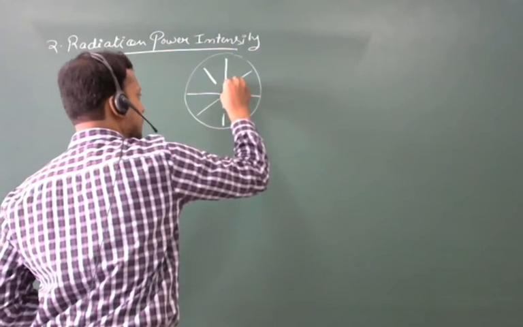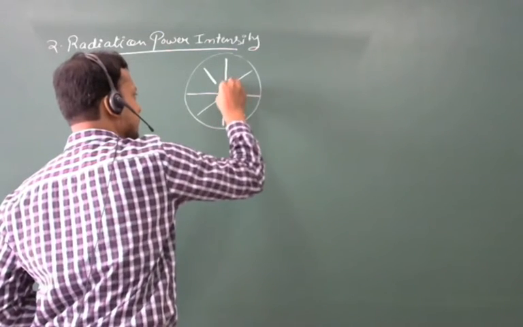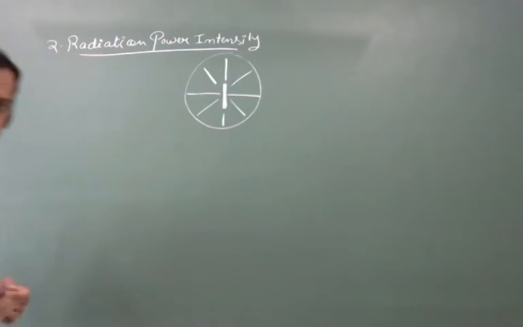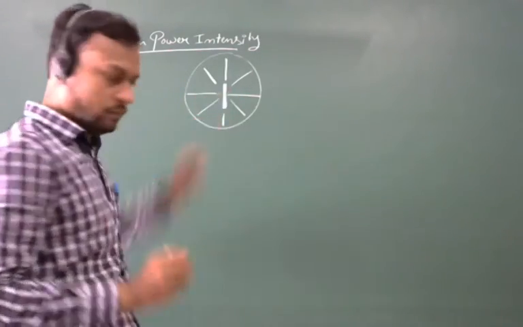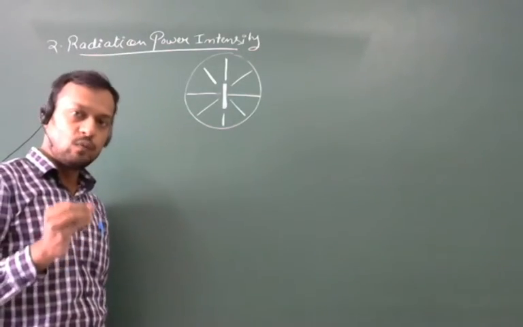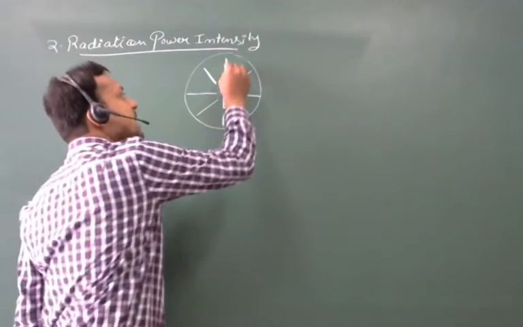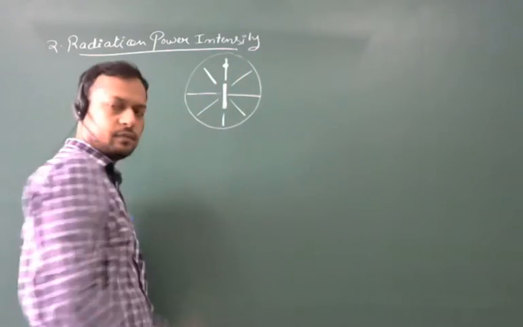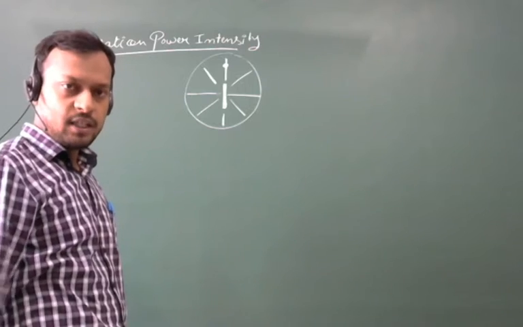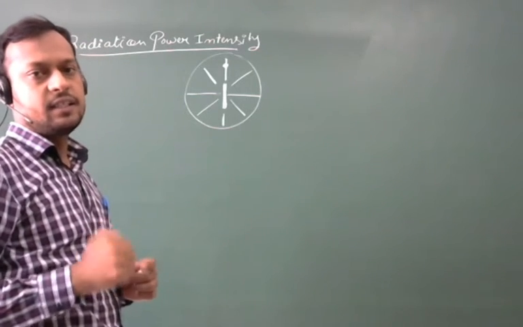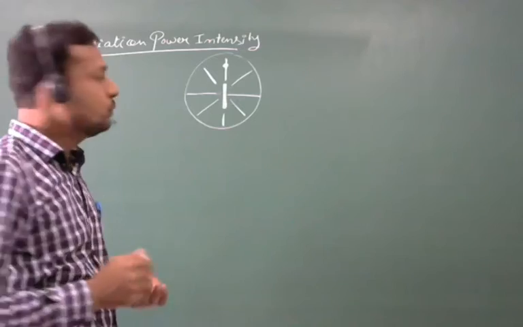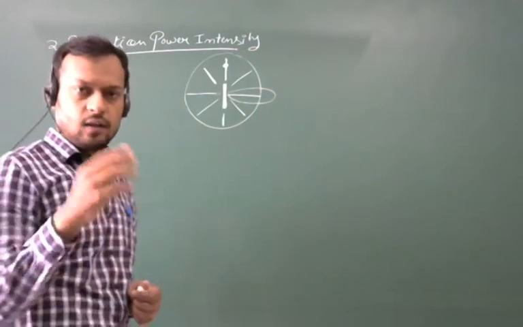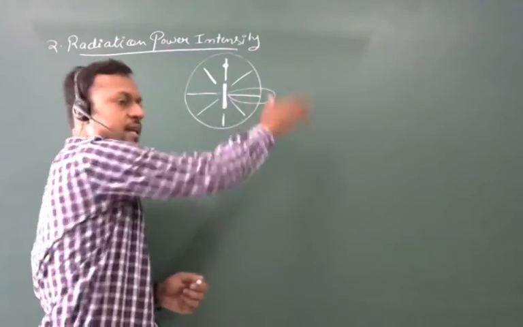So this wire antenna is radiating in the given direction. In the previous, the radiation power density will give you the power at any point in a given direction. But the radiation intensity will give you power in any direction from the antenna.